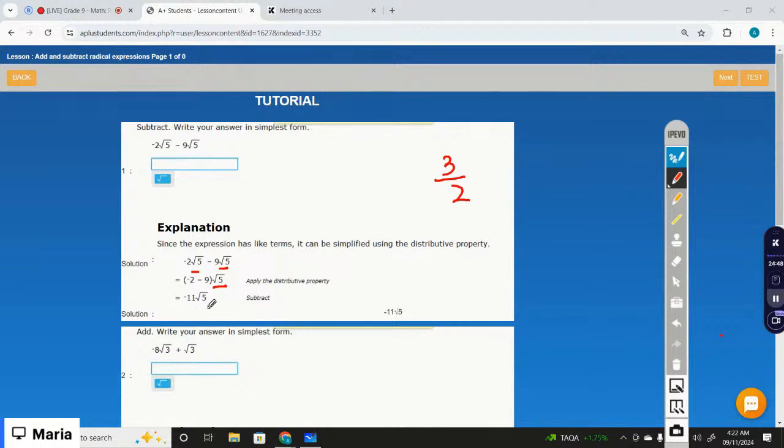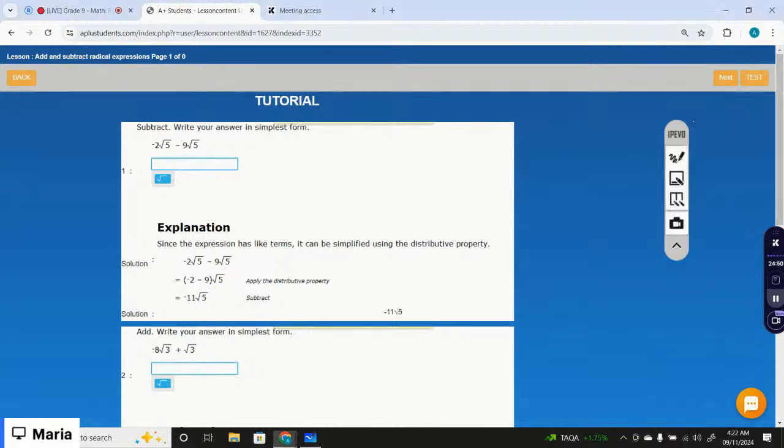The correct option is negative 11 square root 5, right? Let's just start with the test questions.